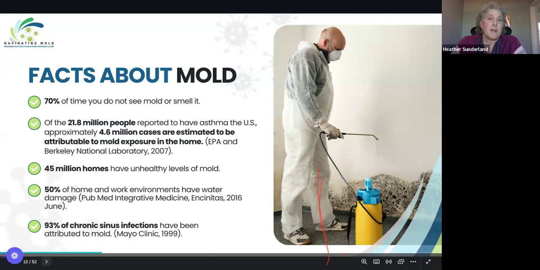It's a really big problem. The estimate is about 50% of the homes in the US have water damage. I've even heard higher. When you have people who have chronic sinus infections, 93% of these sinus infections can be attributed to mold. Asthma, 50% of the cases of asthma can be attributed to mold. It's a huge problem.